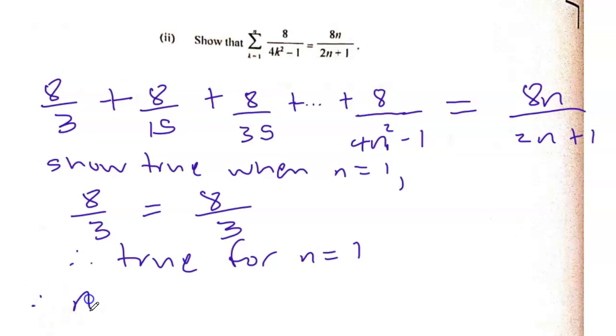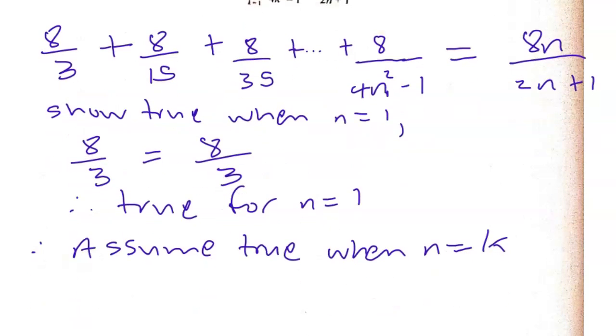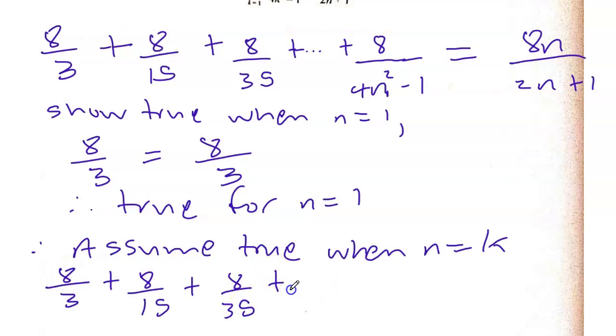Step 2, assume true when n equal to k. So this time we just go through and replace everything with k, right? So we have 8 thirds plus 8 over 15 plus 8 over 35 plus that, and the kth term will be 8 over 4k squared minus 1.